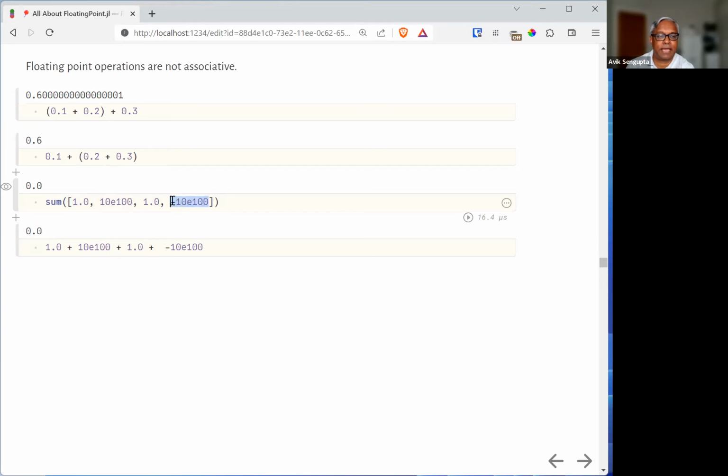So now this and this should cancel out and I should get 2, right? But I don't. So this gives you 0, although the correct answer is 2. So that's a huge error, right? And this comes about because you're adding 1 and 10 to the power 100. So you have two numbers which are very different, and you add the two, and that causes the error.